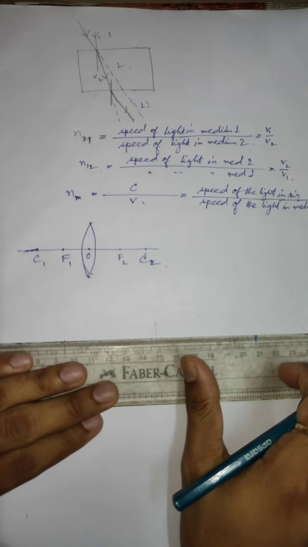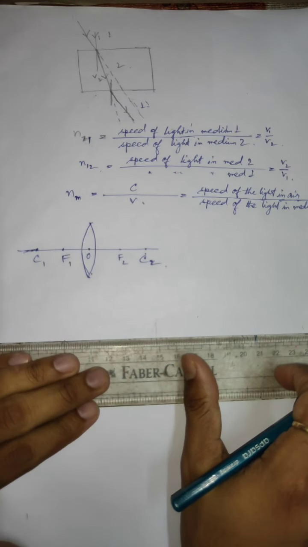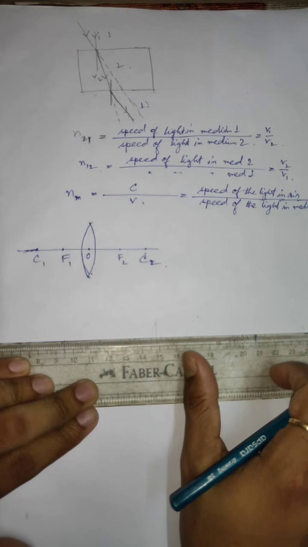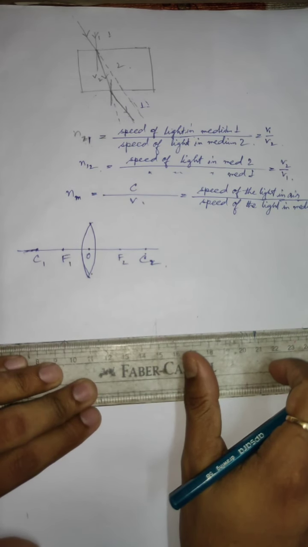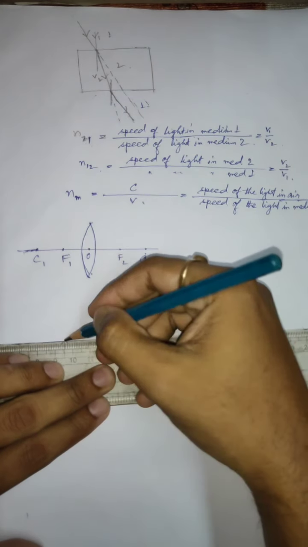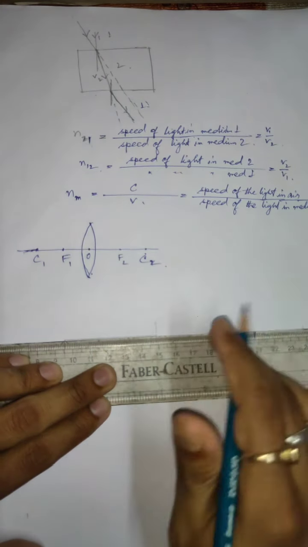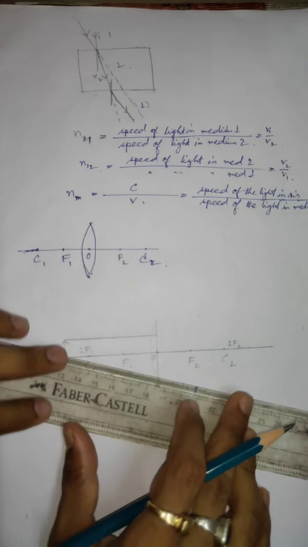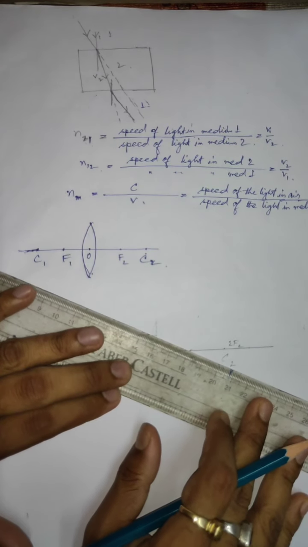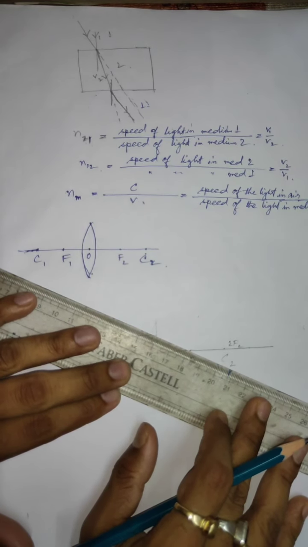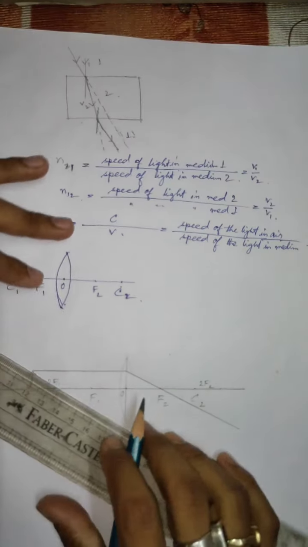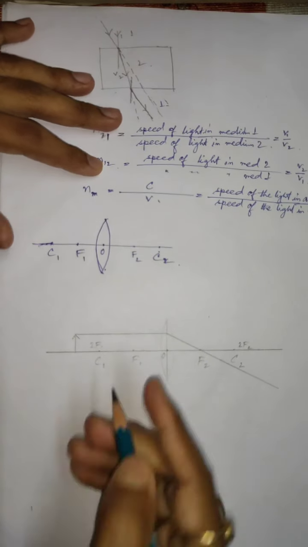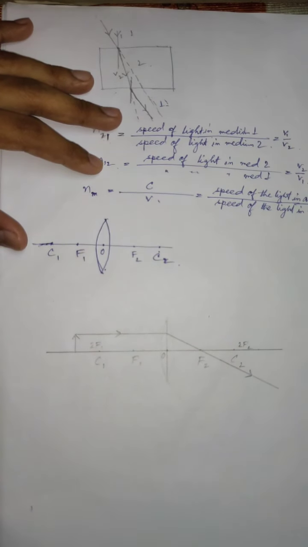Now see, these rays will go parallel to the principal axis. Make sure these are parallel. This is the point of refraction. After refraction, as per the diagram, the ray will go through the focus. See, this is the direction.